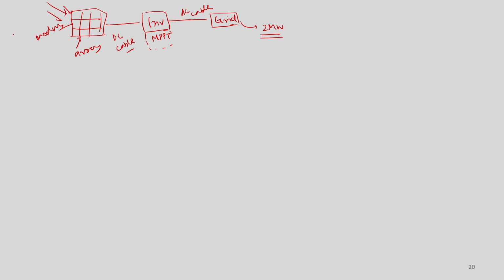Now, this I is given as 800 watt per meter square, and since we have already discussed the expression for operating temperature, T operating is T ambient plus (NOCT minus 20) divided by 800 into G or I, the solar insolation.